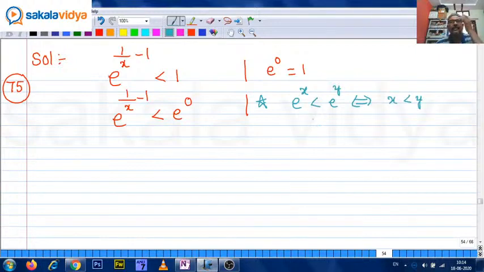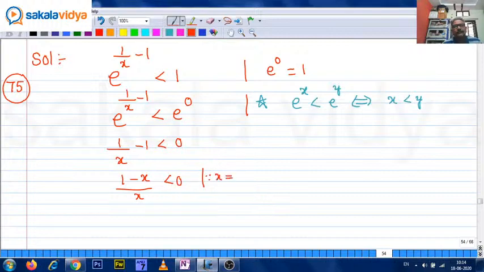Because e is greater than 1, e is approximately 2.718. So now here we can write 1 by x minus 1 less than 0. So 1 minus x upon x less than 0. Since x does not equal 0 here, multiply both numerator and denominator with x.